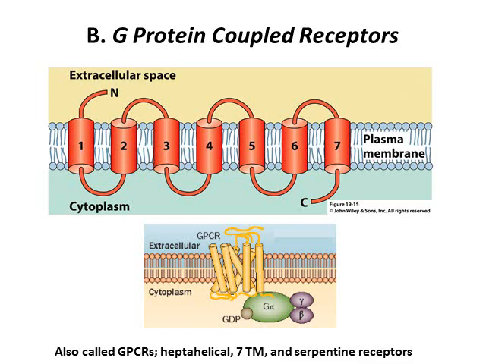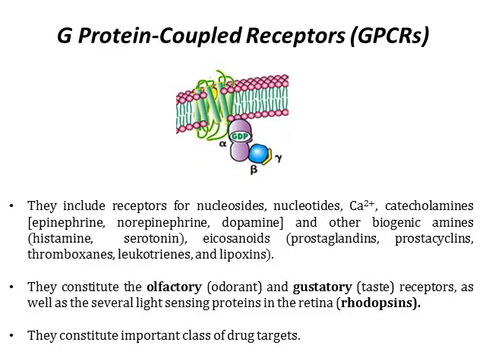So the G protein coupled receptor is the type of receptor that binds a certain ligand to lead to a certain cellular response. What kind of agonists or ligands bind to these GPCRs?